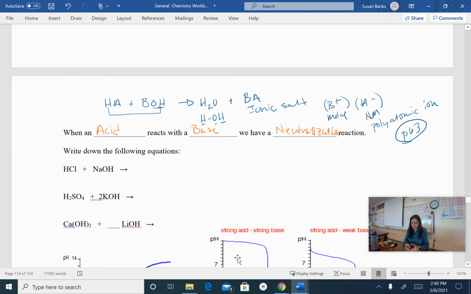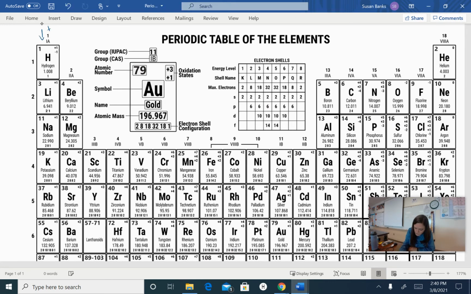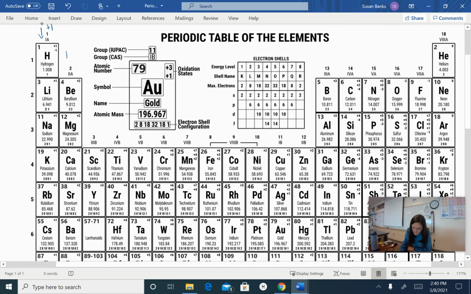So I have hydrochloric acid, HCl, reacting with sodium hydroxide. The first thing that I want to do before I even start writing down anything is I want to put in our charges. So I'm going to grab the periodic table. If you remember, everything in this first column right here was a +1. Everything in the second column was a +2, okay? And everything in this second to last column was a -1, and most things here were a -2, and some of these things were a -3.